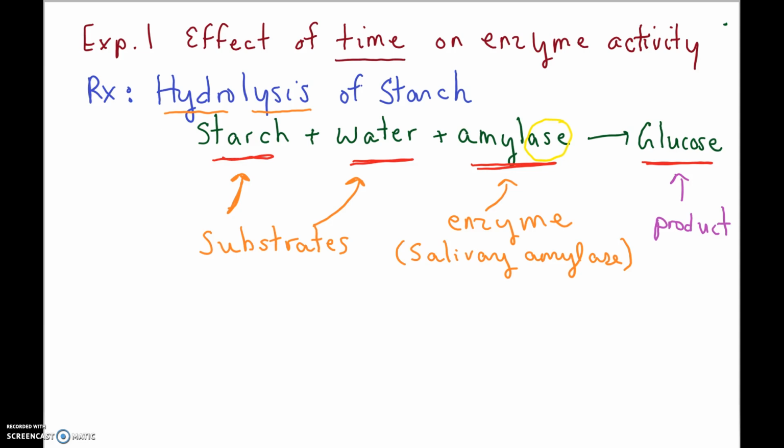Let me also indicate a couple other terms just to remind you from our previous chapters that starch is a big, bulky carbohydrate. Starch is known as a polysaccharide. So it consists of many rings bonded together, kind of like this.